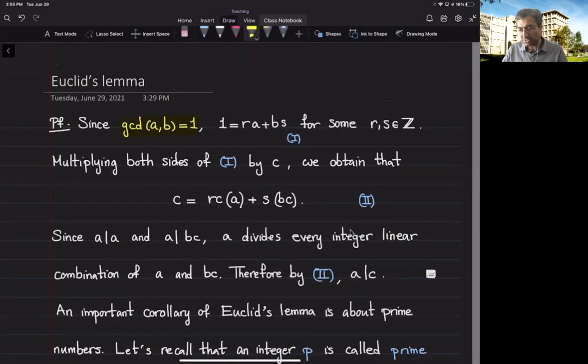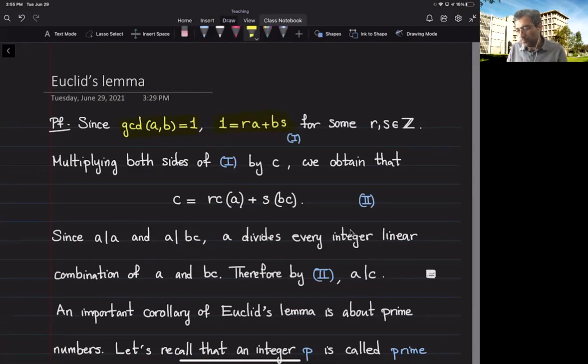So there are integers r and s, so that 1 equals r times a plus s times b. Now I'm going to multiply both sides by c. This is a quite beautiful, a bit magical proof. So please pay attention to the proof. It's quite non-trivial.